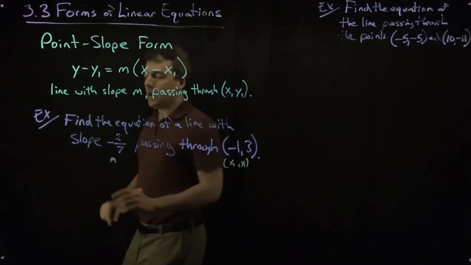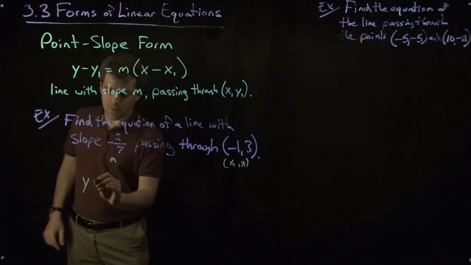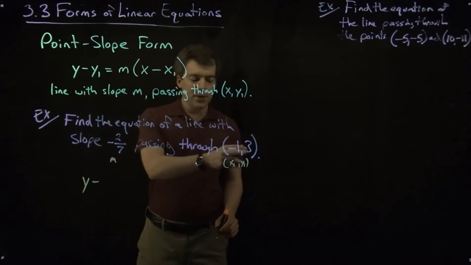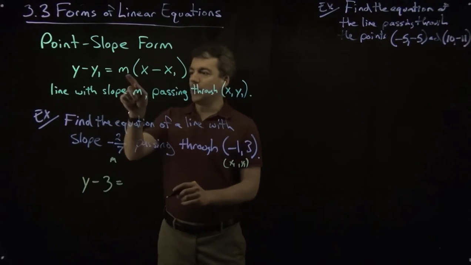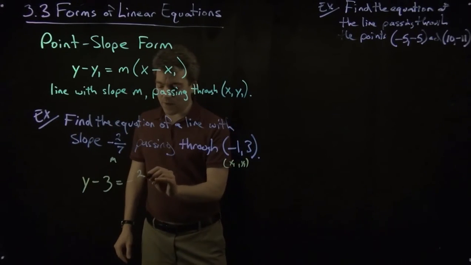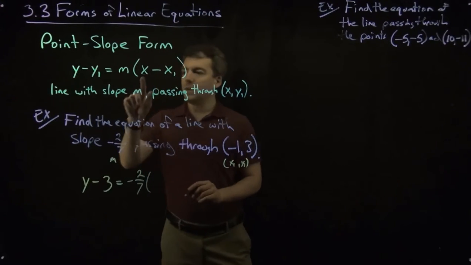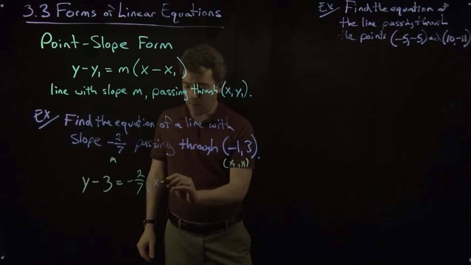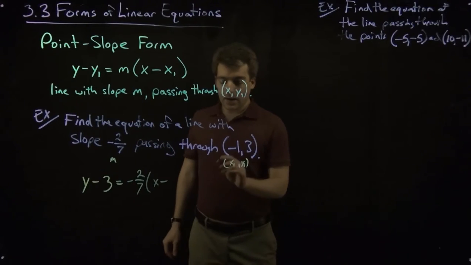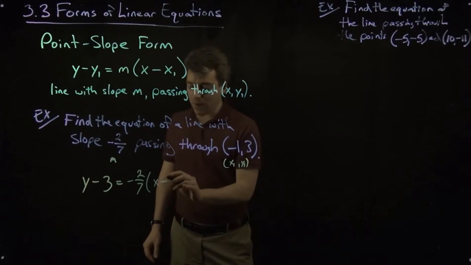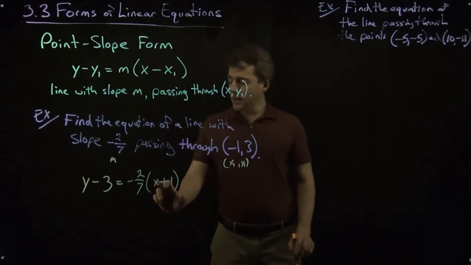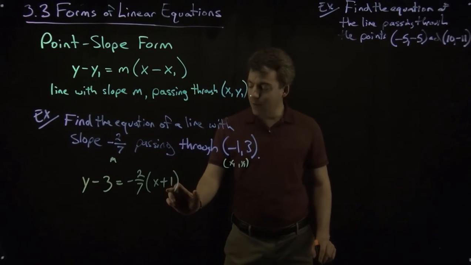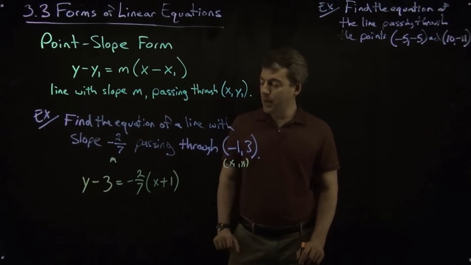So we have y minus y1, so 3, equals the slope, so negative 2/7 times x minus x1. So we have negative 1 here, so we have minus a negative 1. It's going to be plus 1. So x minus a negative 1 becomes x plus 1.